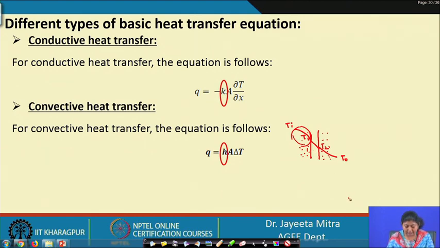This is called the convective heat transfer coefficient. We can have this coefficient on both sides, H I on the inlet side and H O on the exit side, right. So, this is the convective heat transfer coefficient H.